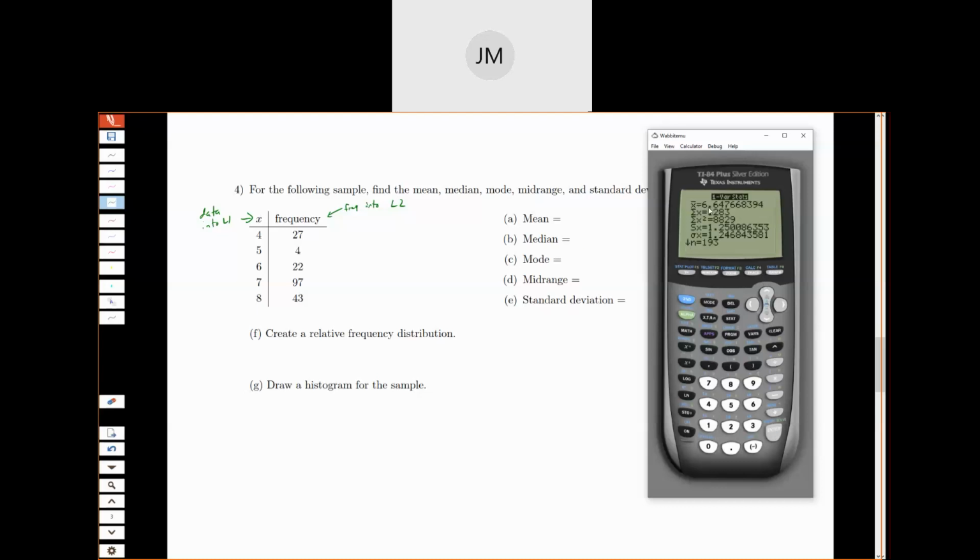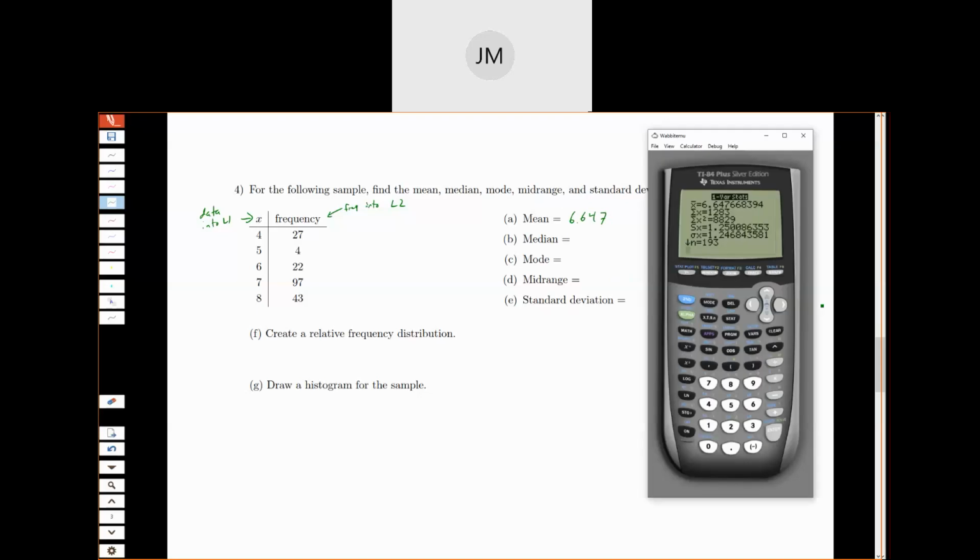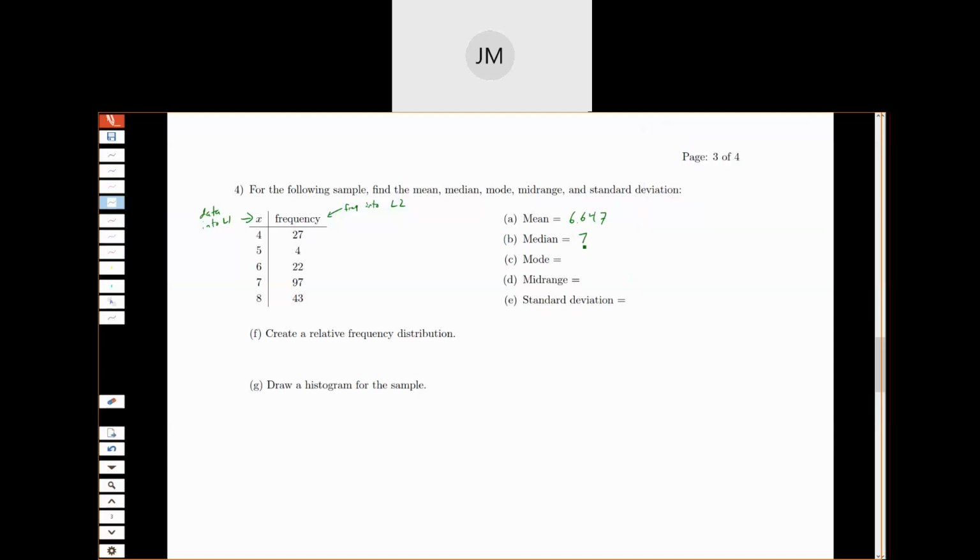So the mean is 6.647. The median is 7. And notice that if I ignored the frequency, this isn't the result I would get, right? If I just took 4, 5, 6, 7, 8, 6 is the middle value.